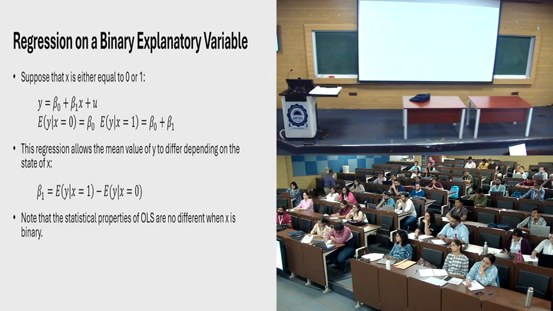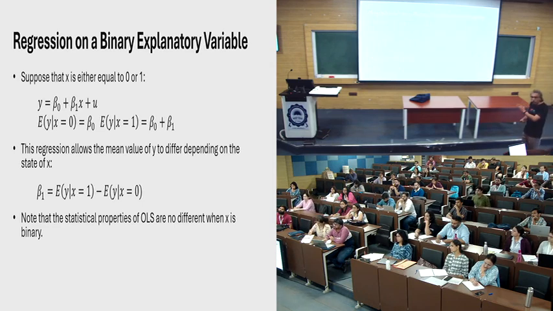If I run a regression without any other control variables, all I am doing is evaluating two means: the expected value of y given x equal to 0, and the expected value of y conditional on x equal to 1.